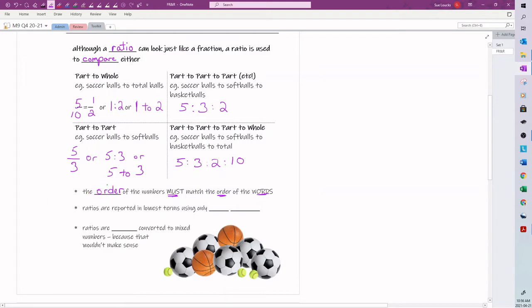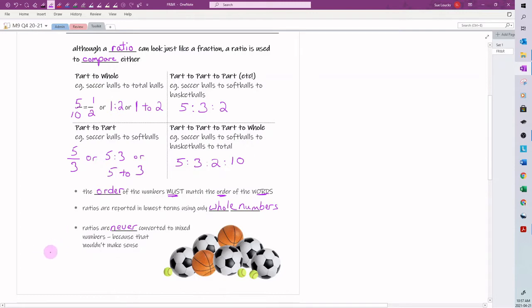Ratios are reported in lowest terms using only whole numbers. Okay, so not decimals. And ratios are never converted to mixed numbers, because it wouldn't make sense.